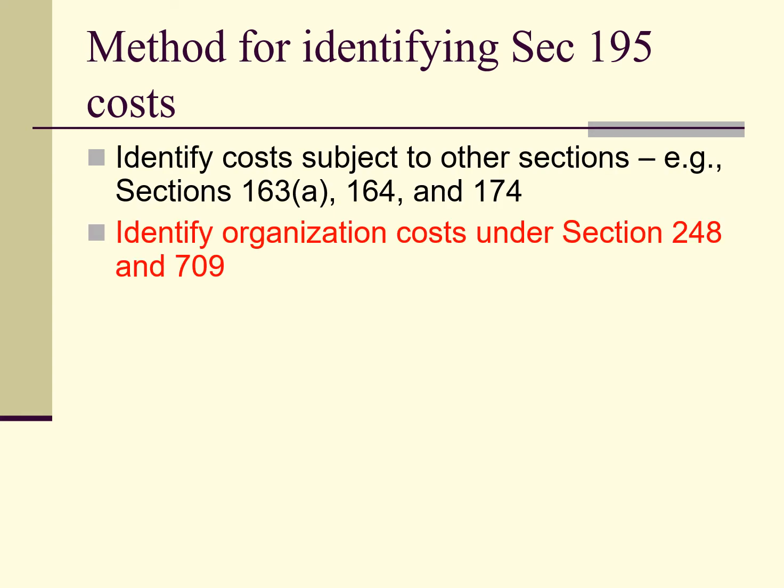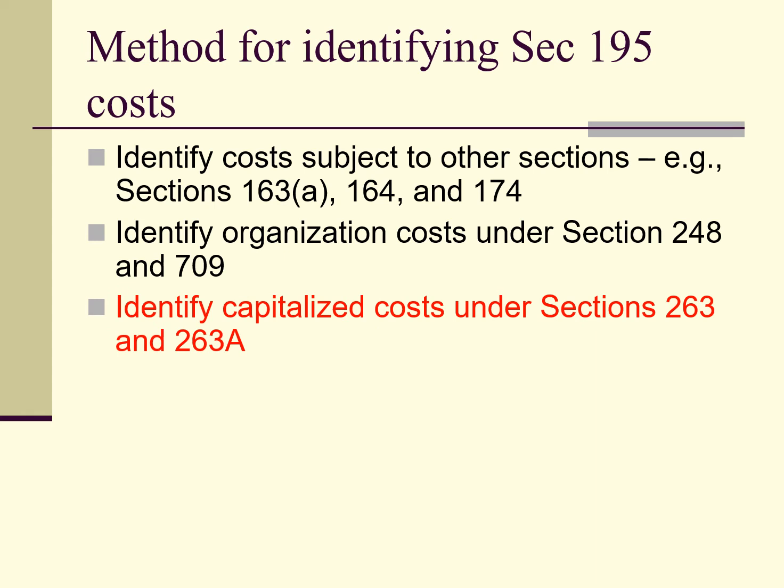Identify costs associated with the organization of a business enterprise that must be deferred under Section 248 or Section 709. Identify costs that must be capitalized under Section 263 or 263a.